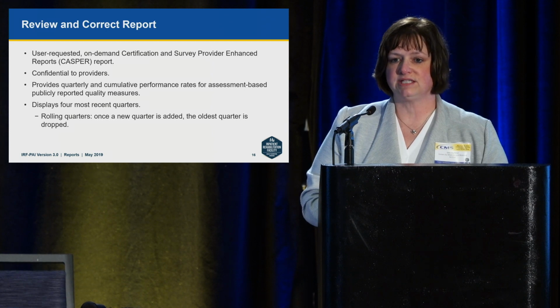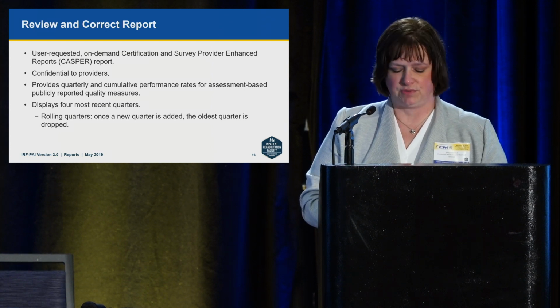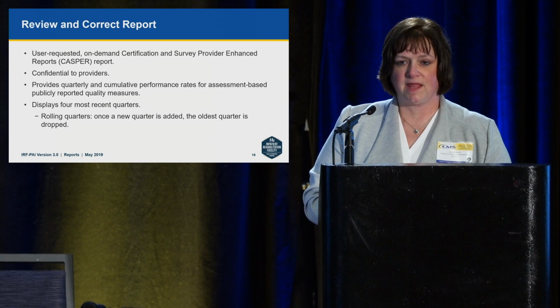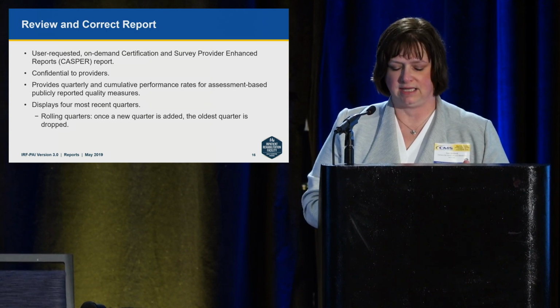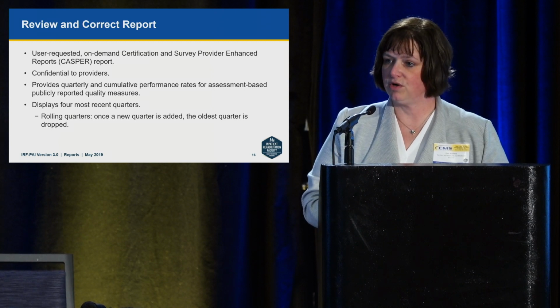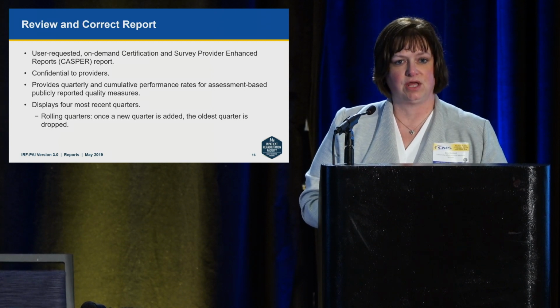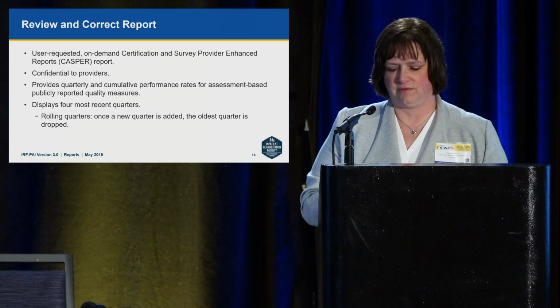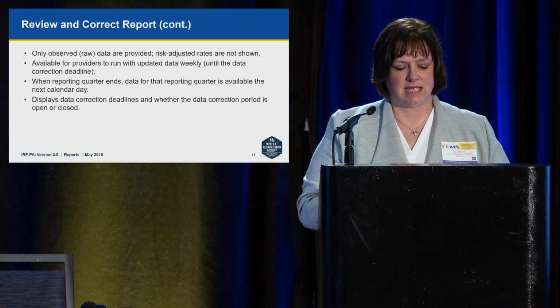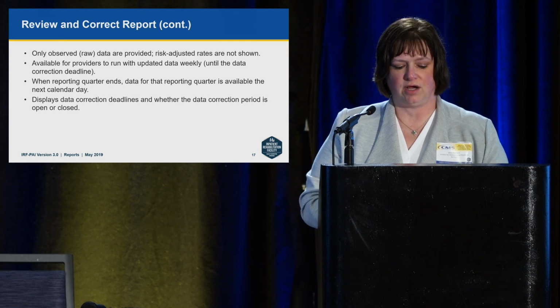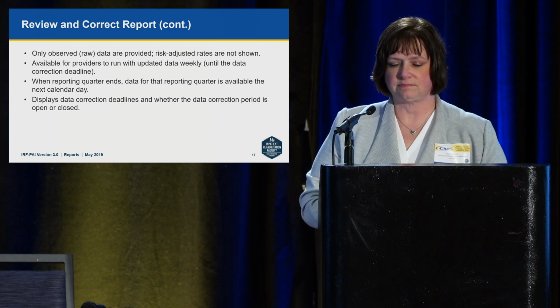The report will display data for the 4 most recent quarters. The report contains what we call rolling quarter functionality, meaning as a new reporting quarter is added to the report, the oldest quarter is removed from the report. Data on this report are only observed or raw data.